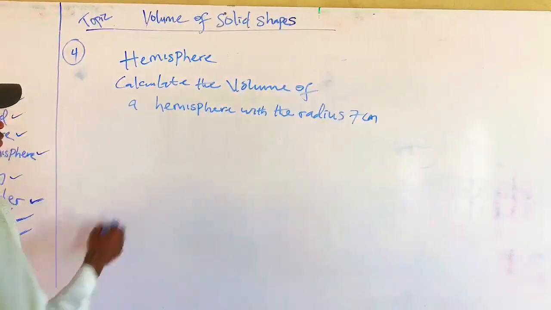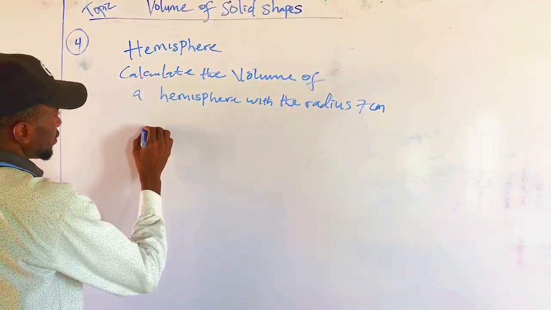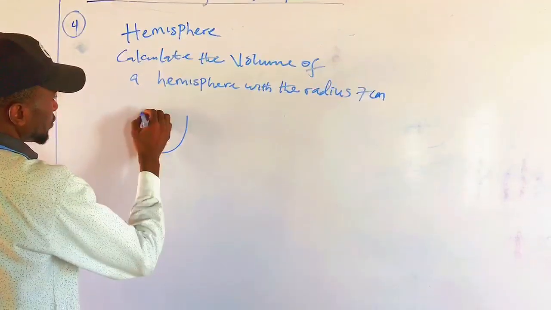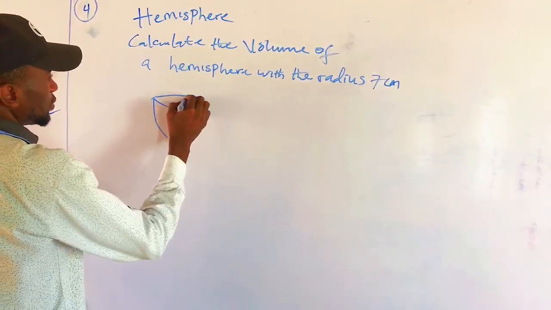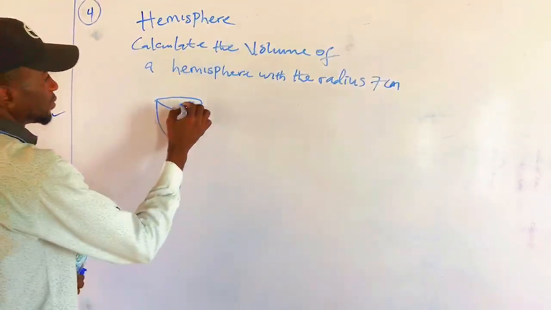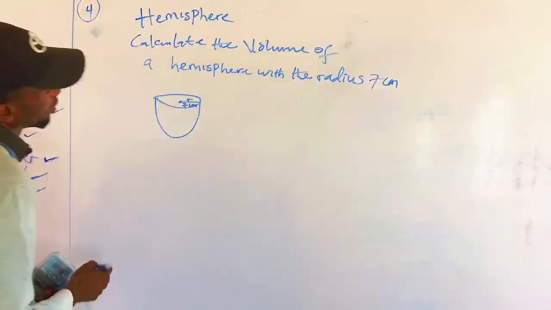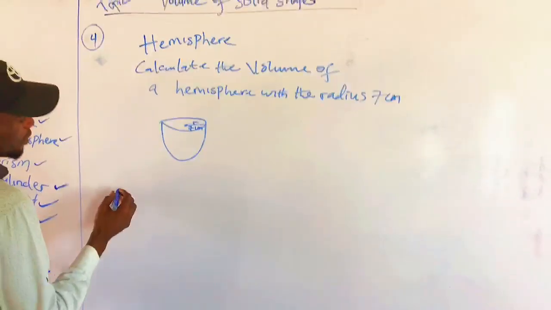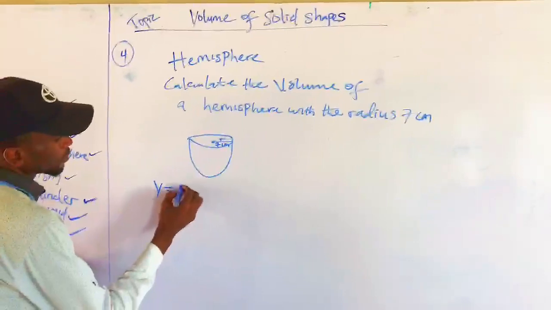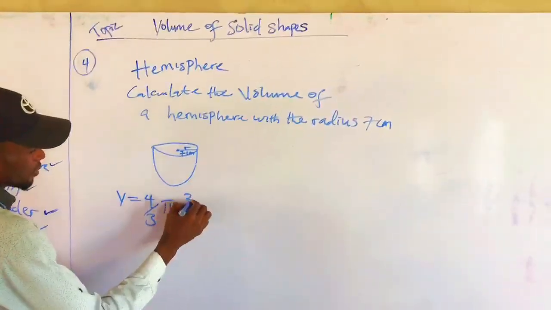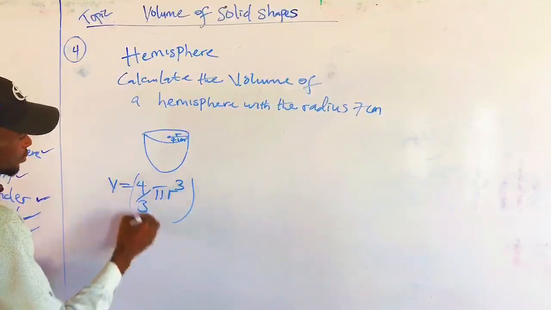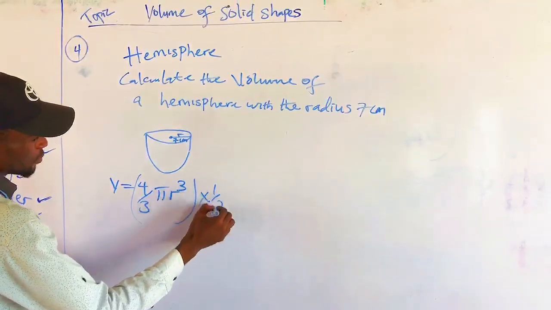Alright, so if you like, you can draw the hemisphere. The radius is 7 centimeter. And we said to calculate the volume of a hemisphere, the volume is equal to 4/3 πr³, all in brackets, times 1/2.